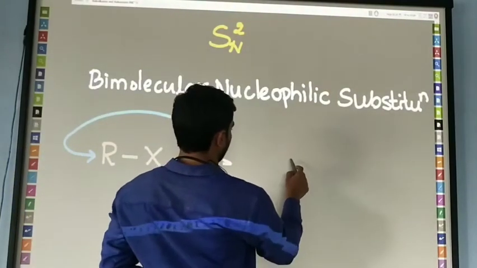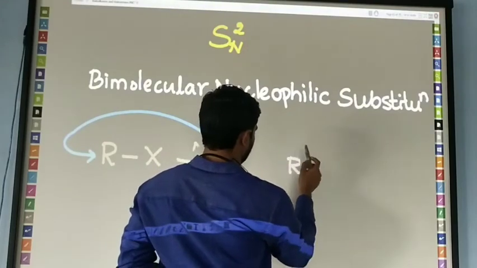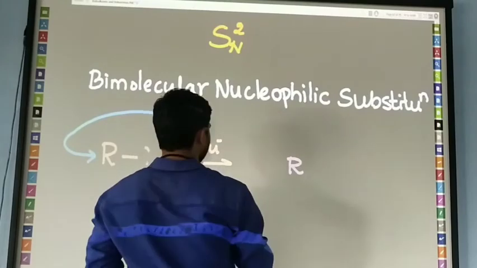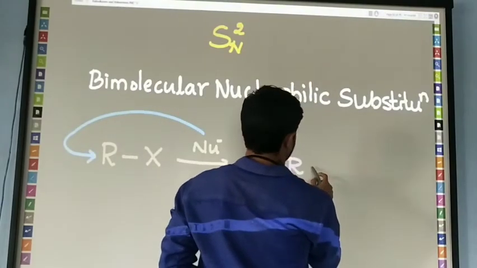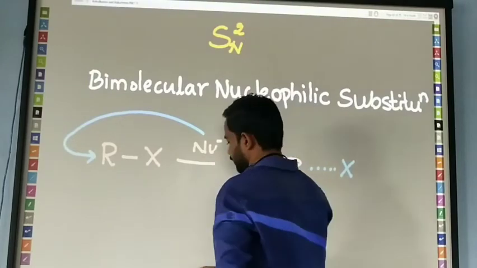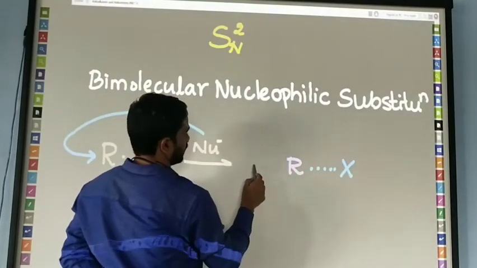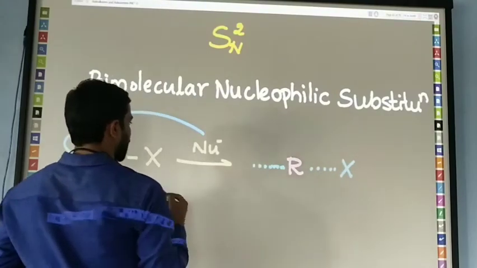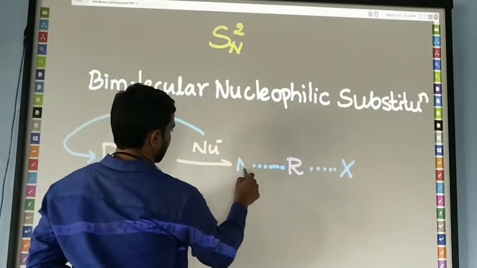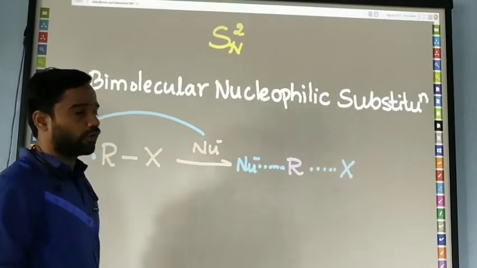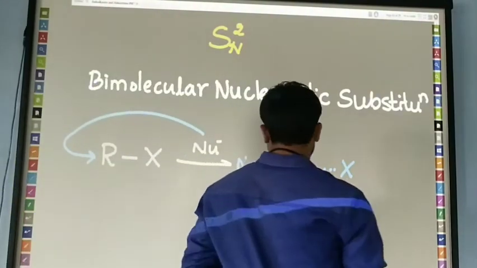How does it form? Let's see. Here is your alkyl group, and here we have your halide group, and on the left side, just opposite to the alkyl halide, here is your attacking terminal, your nucleophile, which will be present like this.